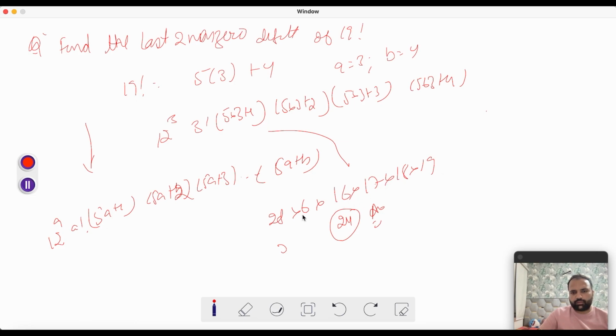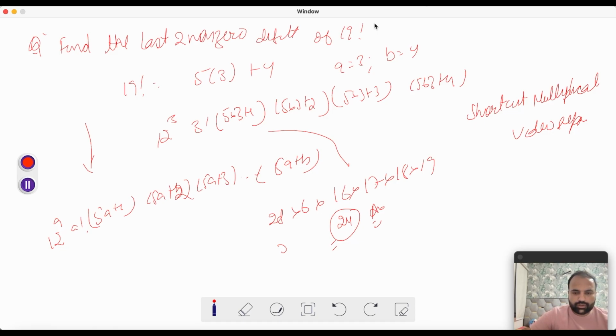You can multiply it on your own. For shortcut multiplication, I'll make another separate video wherein we'll be using Vedic techniques and other techniques to reduce this multiplication very quickly. So it should be this. Just check it on your own.